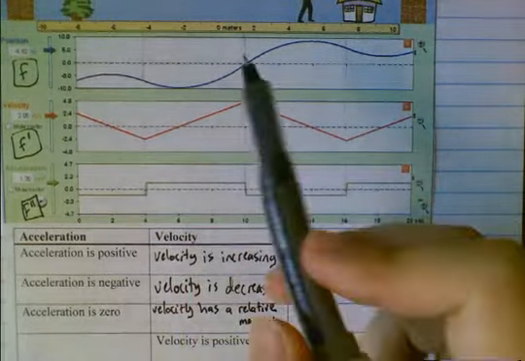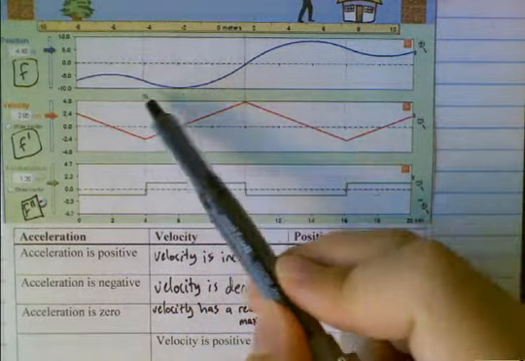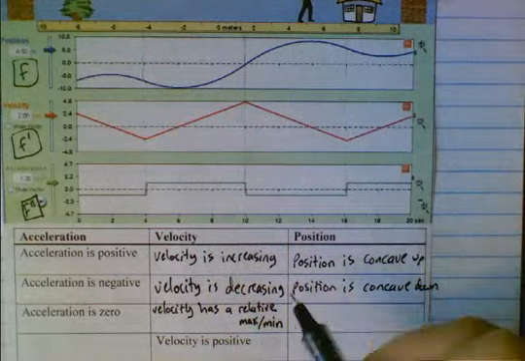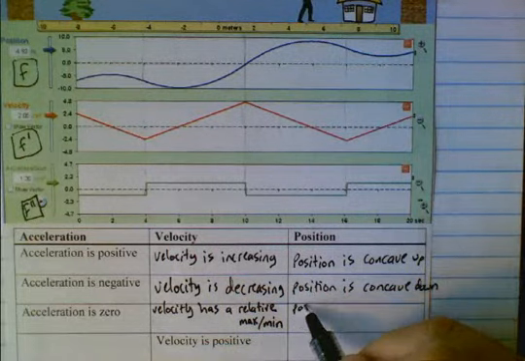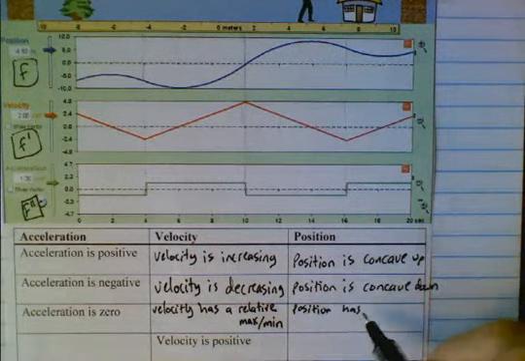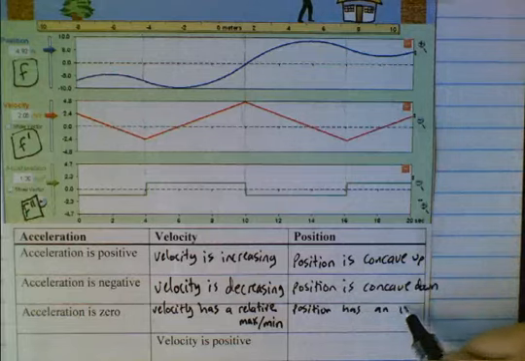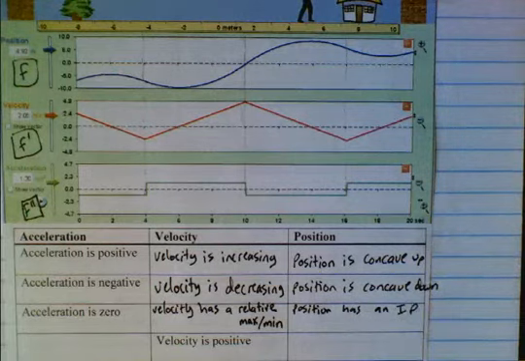And by definition, position is switching from concave up to concave down, and so on and so forth. So position has an inflection point.